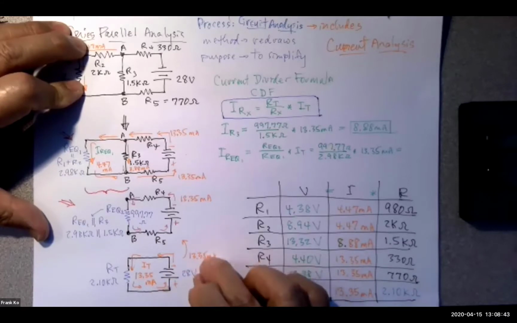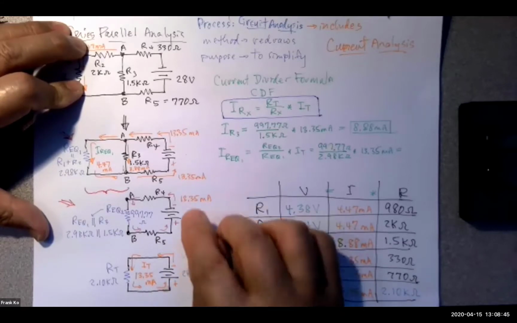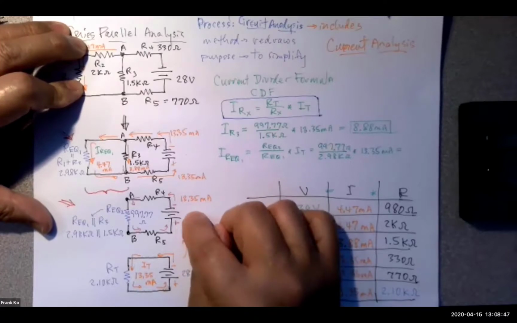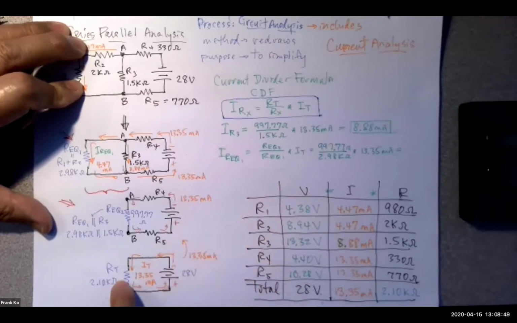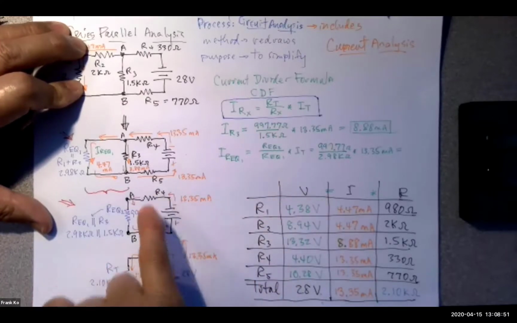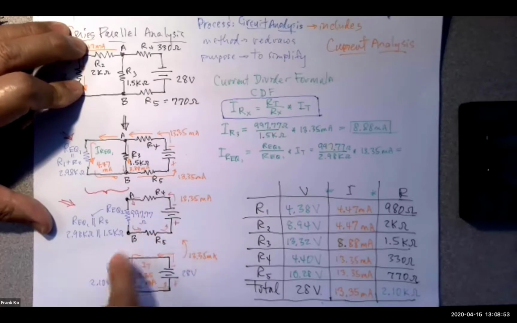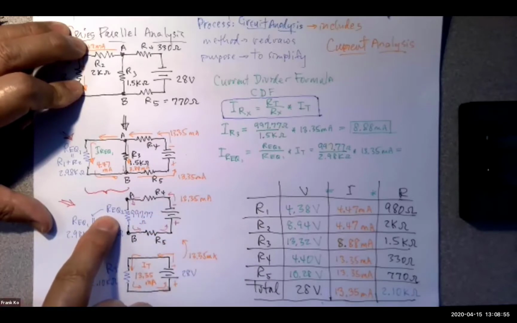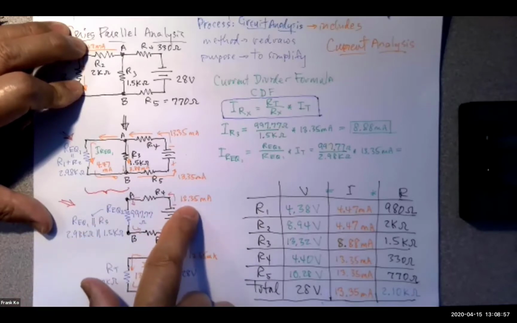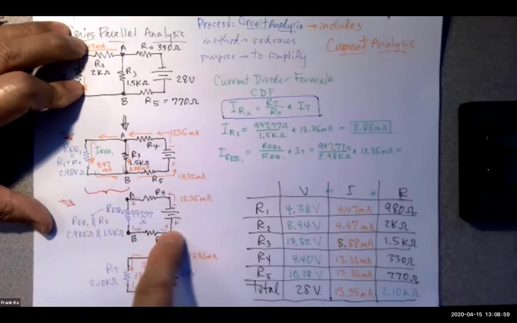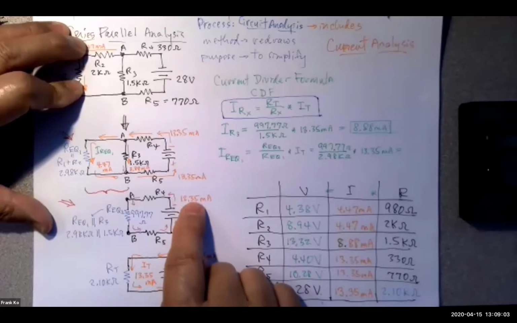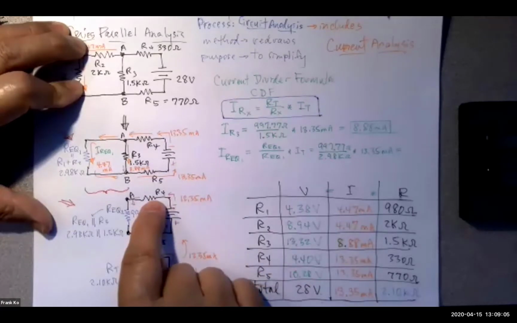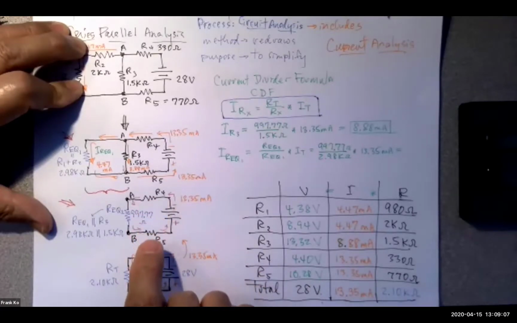That IT value of 13.35 milliamps was brought upstairs to this schematic, which instead of just a single RT, had 2 original resistors, R4 and R5, plus an equivalent resistance over here. That 13.35 milliamps flows through each of those series components and clearly is the current through R4 and also clearly the current through R5.